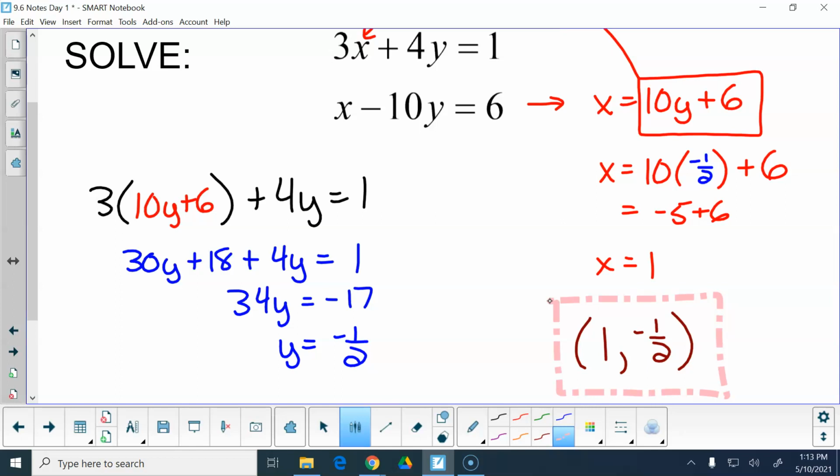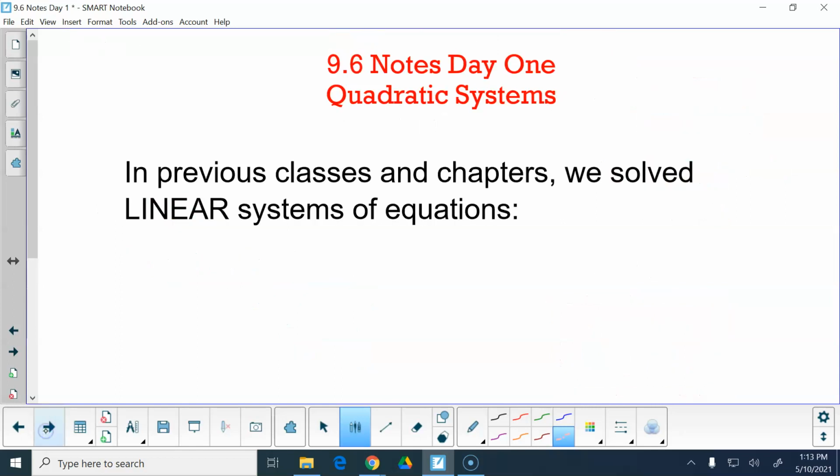So does anybody remember what that method is called? Substitution. Yep, that's one way that we can solve a linear system of equations, by substitution. What's another method that we have?